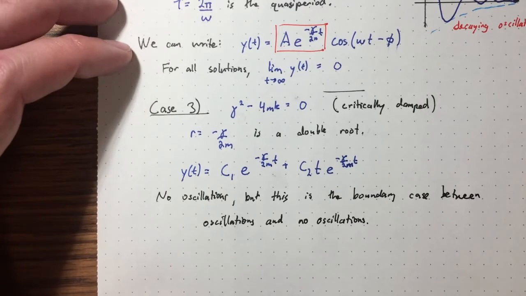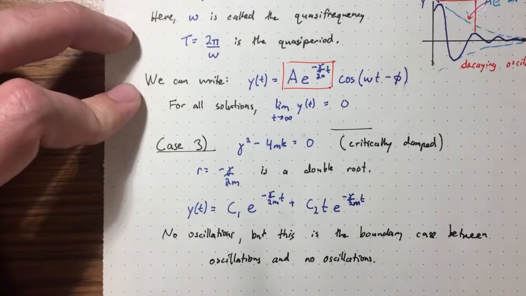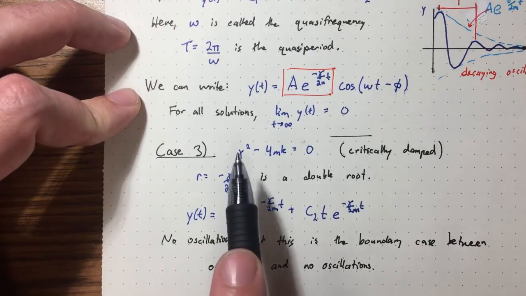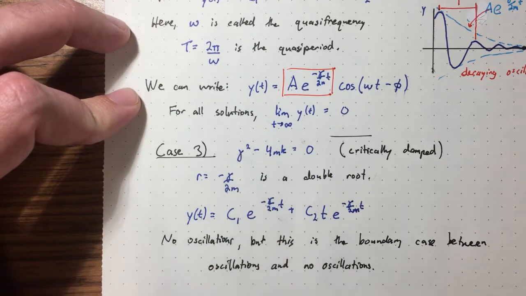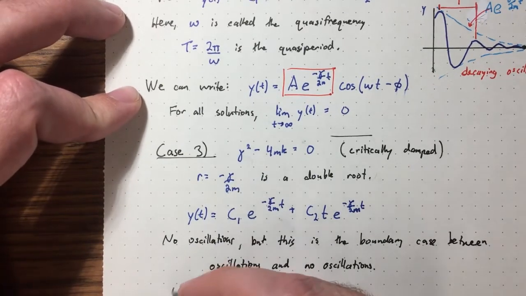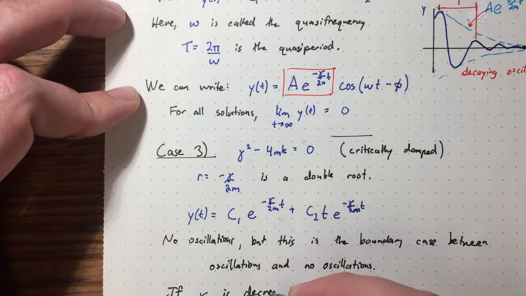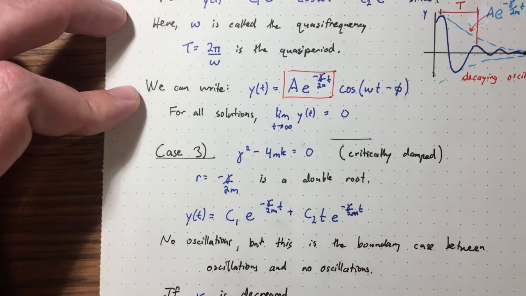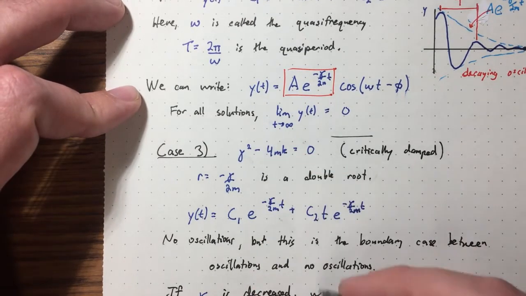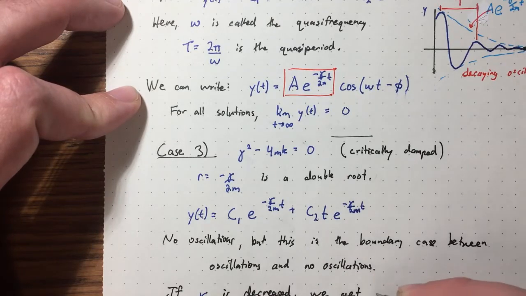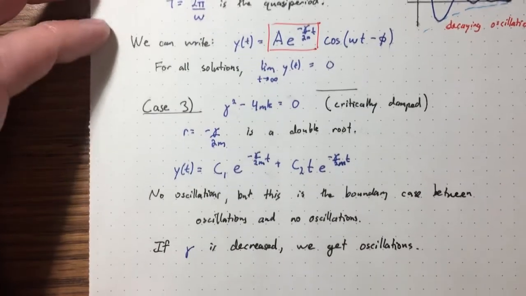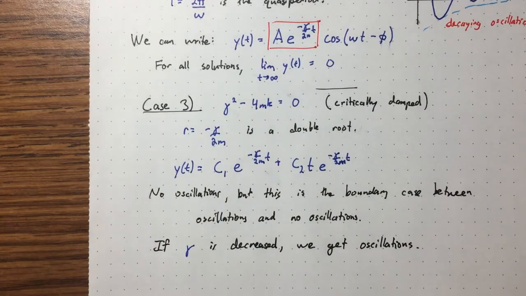Okay. So if we're in this case, but if we decrease gamma even slightly, we have no oscillations, but we get oscillations if we decrease gamma. So that's what critically damped means.